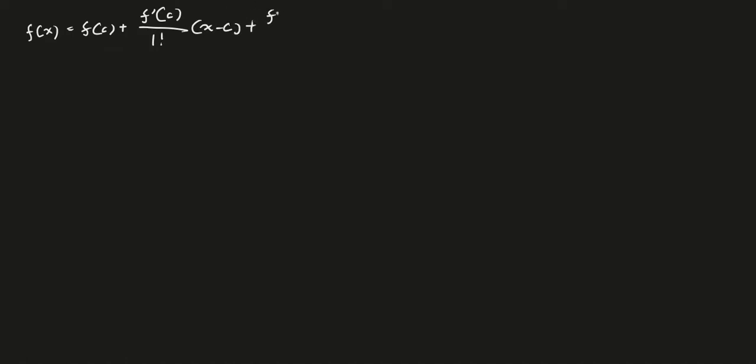plus f double prime of c over 2 factorial x minus a squared.